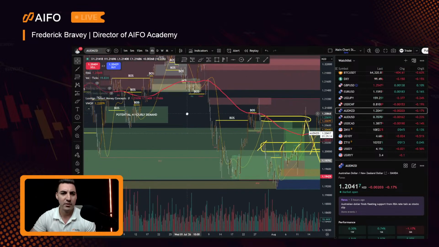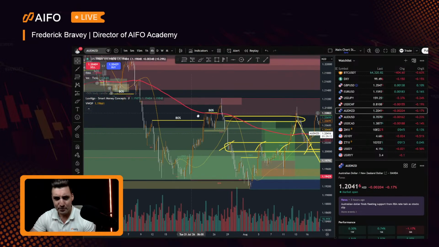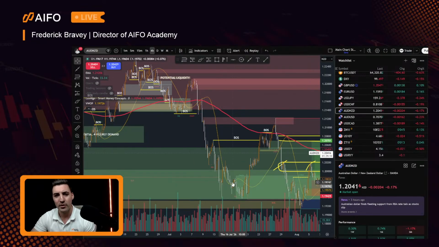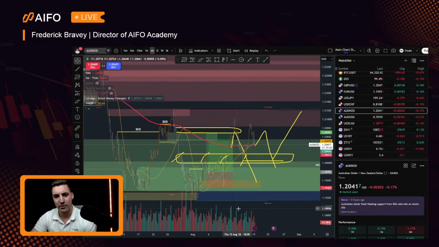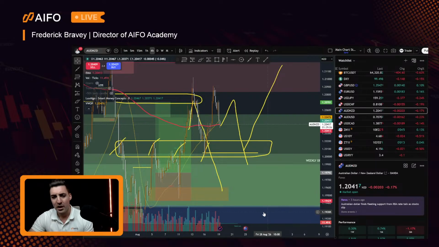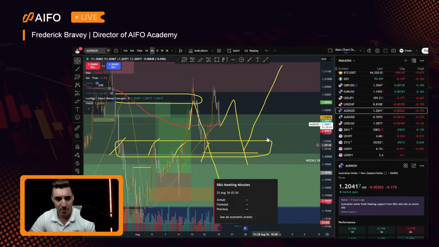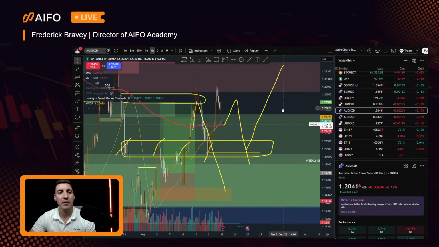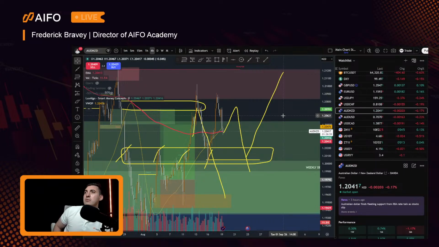I think it was their balance of trade or something like that. It came out and it actually valued the New Zealand dollar, and then the Aussie dollar brought out some economic data, and it looked incredibly good. I'll have to go back and take a look. Honestly, whatever's driving is always going to be the fundamental stuff. So I can go back and take an analysis on that a little bit later.